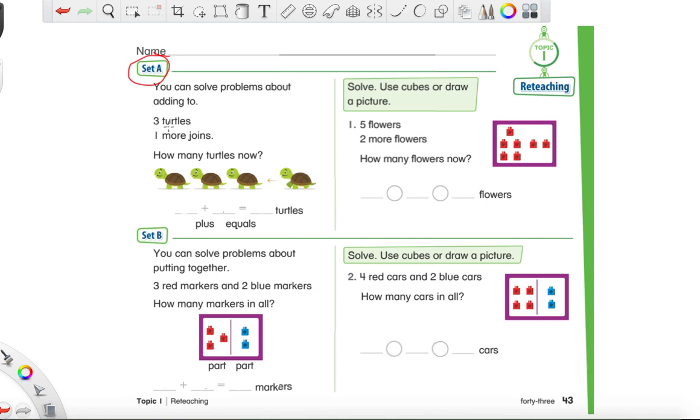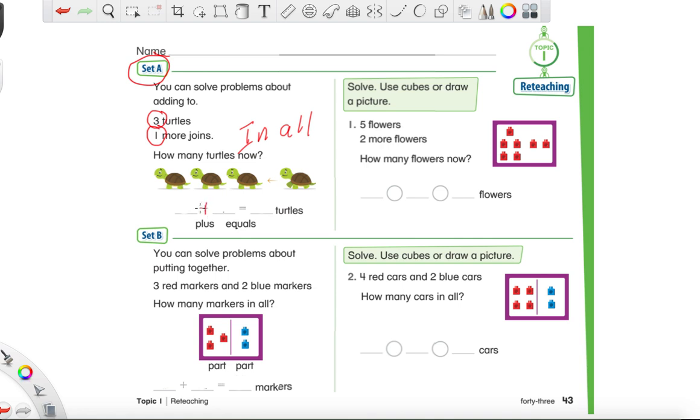So right here it says 3 turtles. Okay, circle 3. 1 more joins. How many turtles now? So when they're saying how many turtles now, that's like saying how many turtles in all. And that means we're going to add.